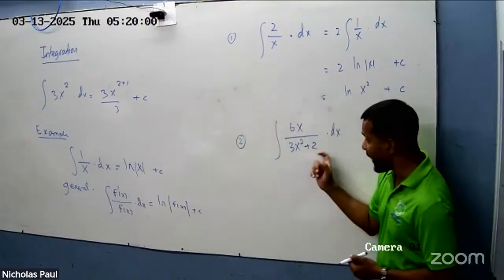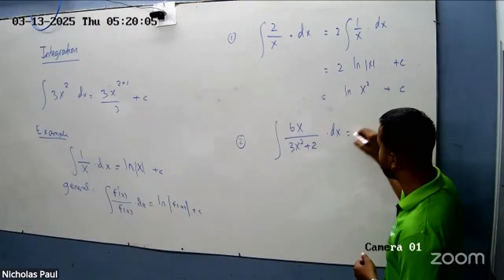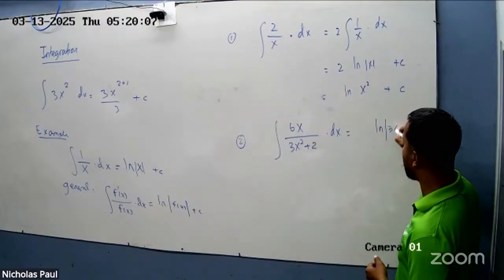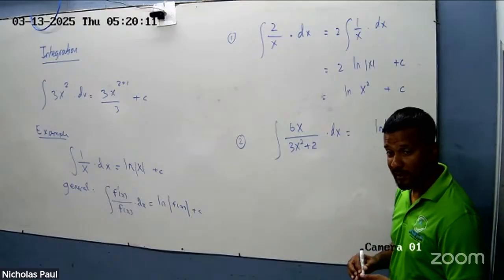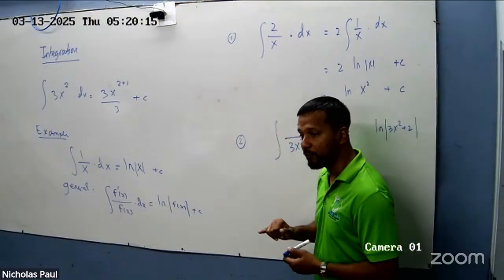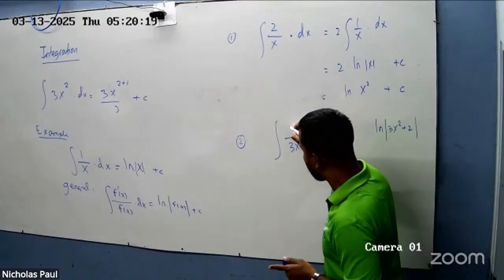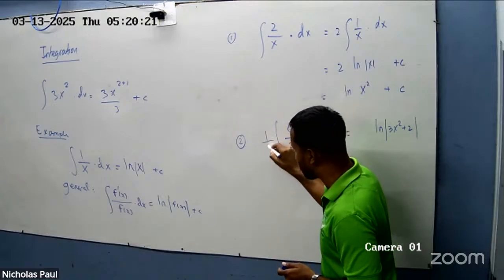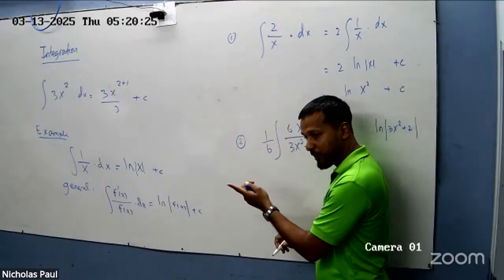So if that was it, the answer is ln mod of the denominator. But the 6 wasn't there. So what do I do? If the 6 was here, I just multiply by 1 on 6, and I'll cancel and give back the original thing.